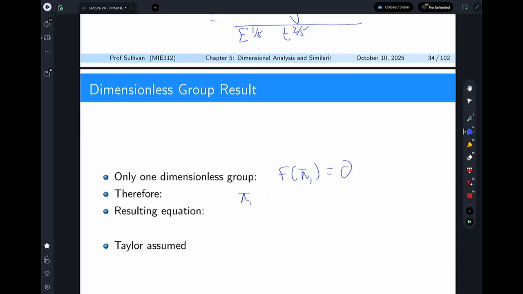Pi 1 is equal to a constant, and R is equal to a constant times E to the 1/5, t to the 2/5, rho to the minus 1/5, and Taylor assumed that the constant is equal to 1, which is not a bad assumption in the end. I think he based it on previous results.